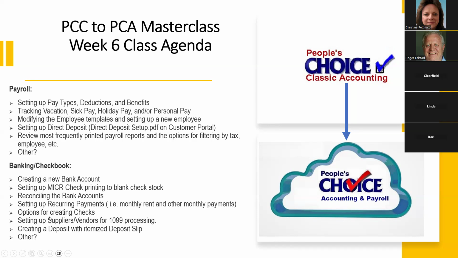And then some of the things that we'd also covered: creating a new bank account, setting up to print on blank check stock. We just did some on reconciling. We did cover a little bit on recurring payments, how to create checks, setting up suppliers for 1099 processing, and doing the deposit.